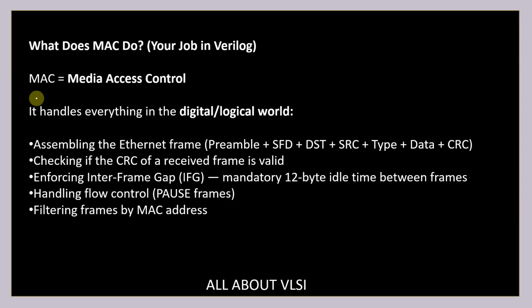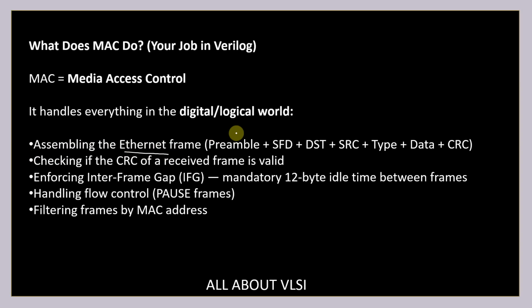So basically, what is the MAC going to do? This is what we are going to implement in Verilog code in our future sessions: the Media Access Control, the MAC controller IP. This controller IP is going to handle everything in the digital logic, and it is going to assemble Ethernet frames, as we saw in the previous sessions.